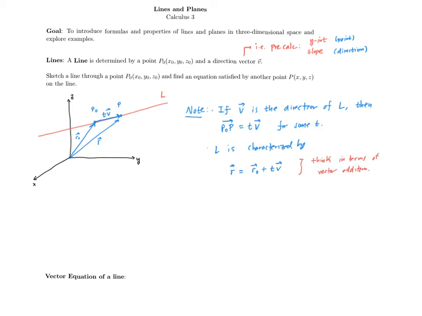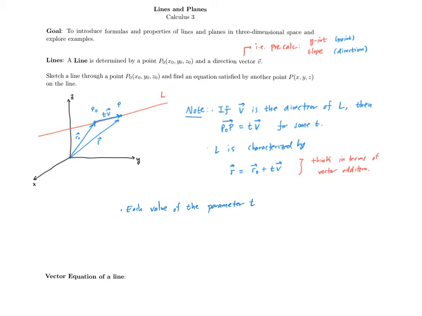And I realize that this is probably a bit abstract looking, so we'll make a few clarifying remarks and then we'll come back to revisit this equation. The first thing I want to observe is that we can really think of t as being a parameter. So each value of the parameter t is going to correspond to a point on the line.